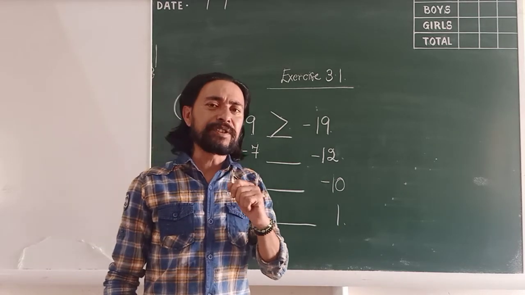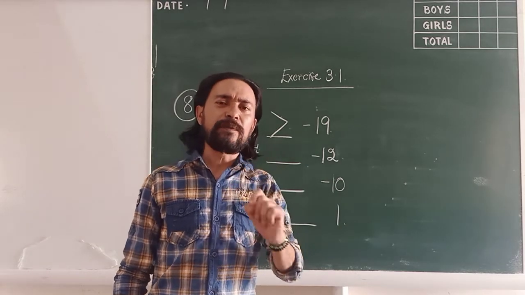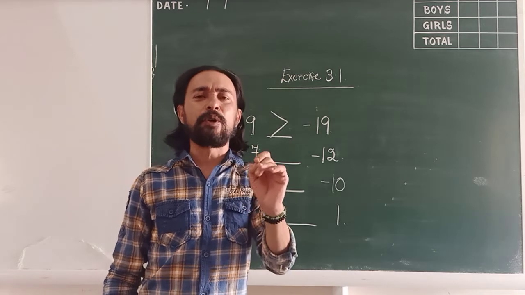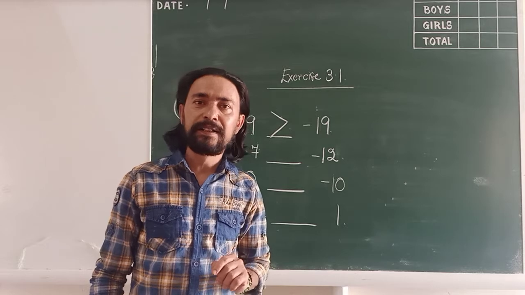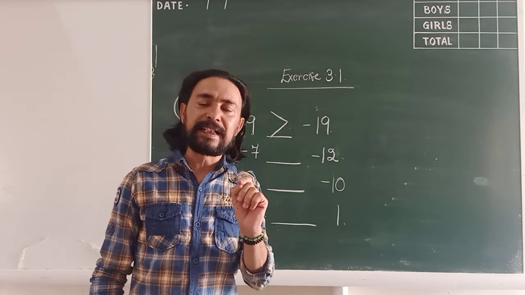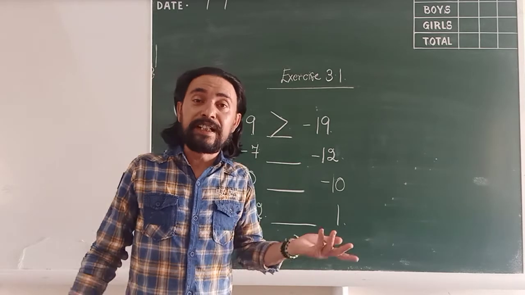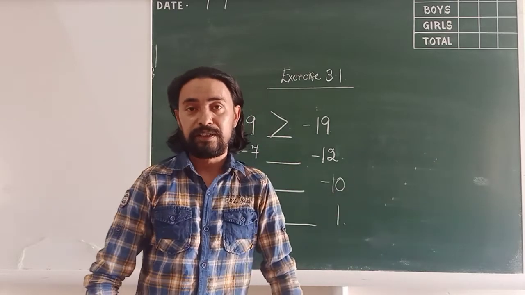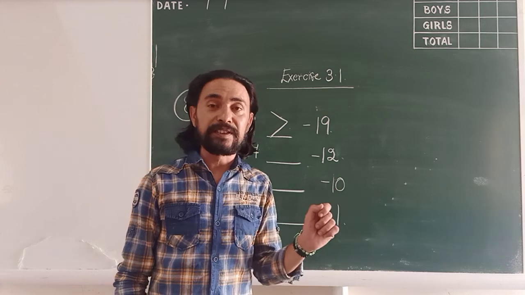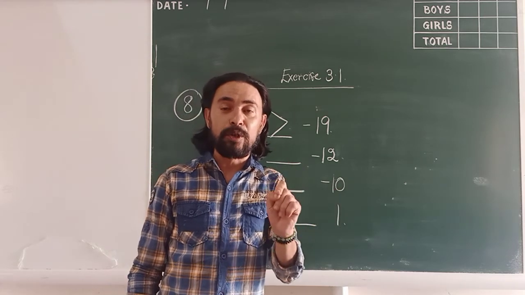So in negatives, I can ask you a question, which is the greatest number in all the negative numbers? Minus 1. Minus 1 is the greatest negative number. But the smallest negative number I don't know, because negative numbers and positive numbers go on and on forever. Similarly, in the positives, I can tell you which is the smallest positive number.